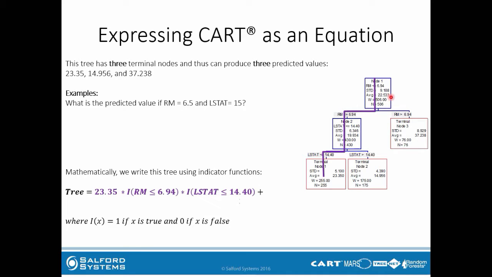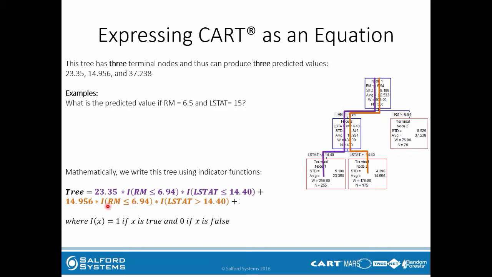Okay, the second path is this orange line. In a similar manner to before, we're going to take the predicted value for terminal node 2, and then multiply it by the indicator functions that lead you down to terminal node 2.